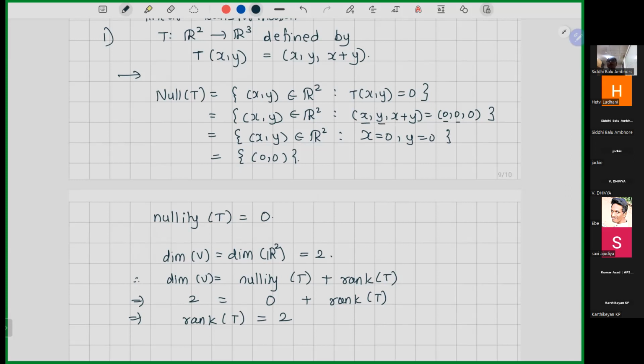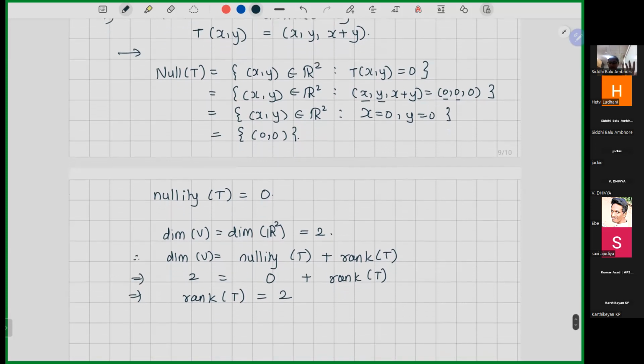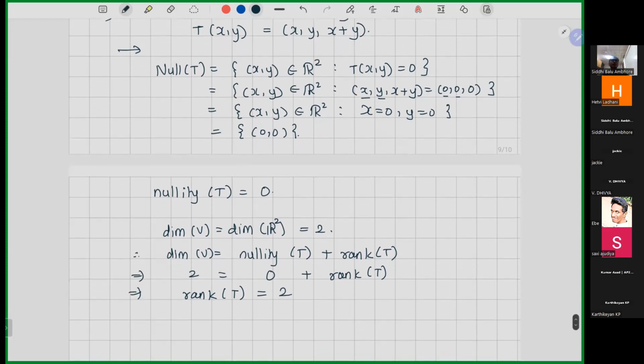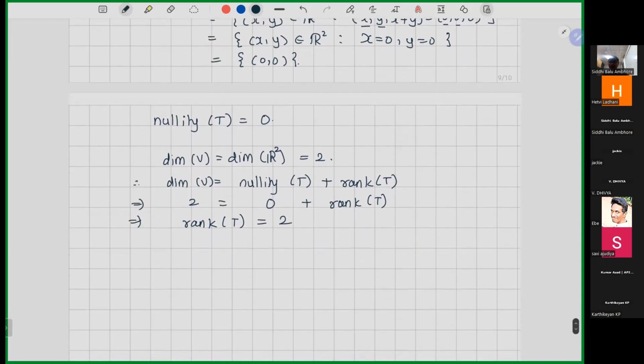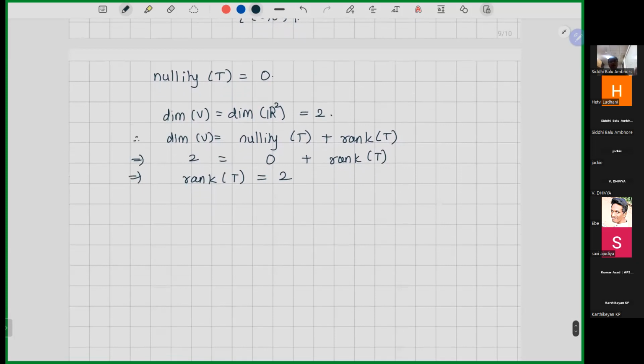For the third coordinate, we need to check whether it is true or not. In this case, since x and y are 0, x + y is again 0 when we compare to the third coordinate. So the null space is just the zero element, nullity of T is 0, and the dimension of the vector space is 2. So the rank of T is 2.